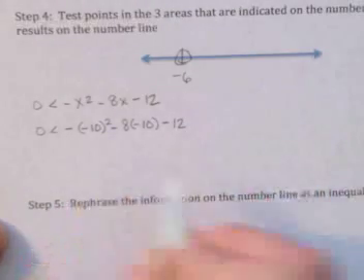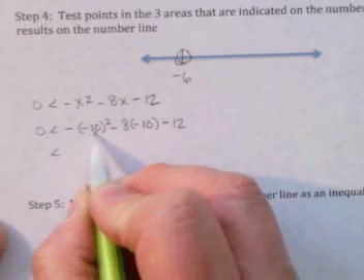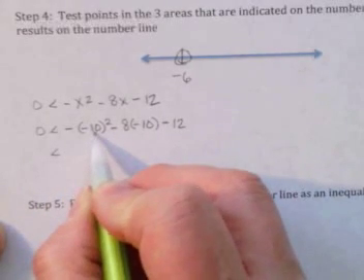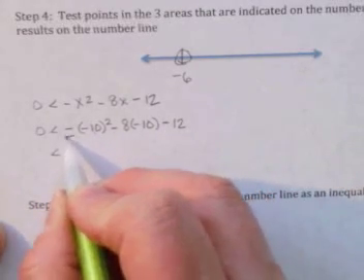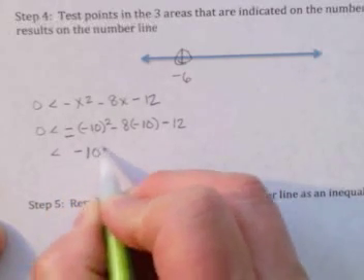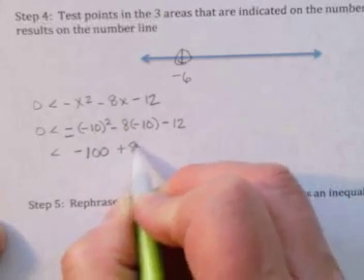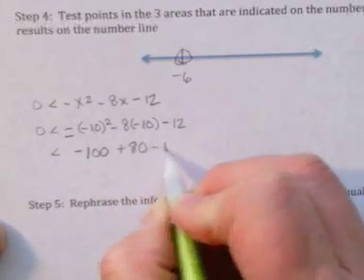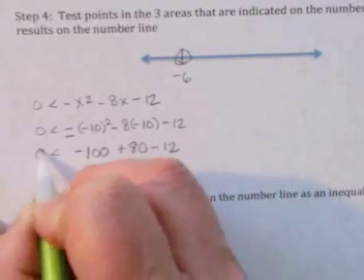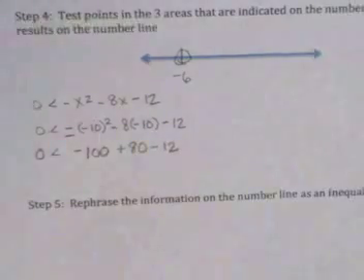And now I've just got a whole bunch of simplification to do on the right side of this inequality. -10 times -10 is 100, but then I have this negative sign right here, so that's going to give me -100. -8 times -10 is 80, and then I have -12. And my zero's over here on the other side of the inequality.